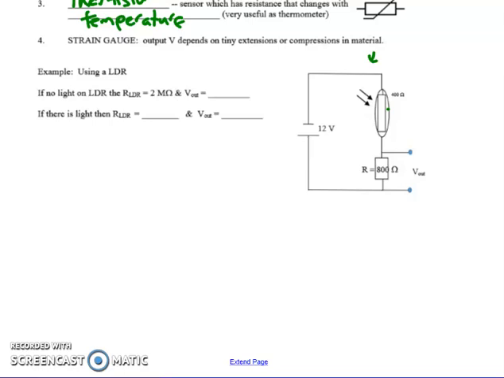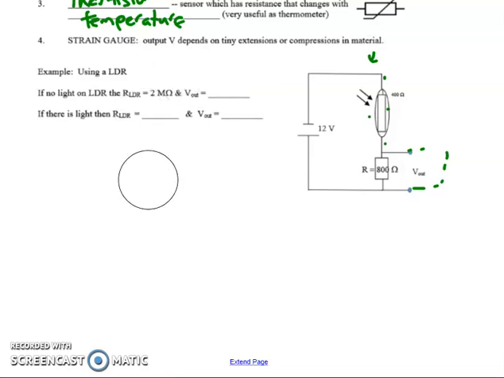If I have a high resistance across here and a very low resistance comparatively, 800 doesn't sound low, but it's low compared to 2 million, then the voltage across here is going to be almost the entire 12 volts, leaving 0 across our 800-ohm resistor. So nothing will happen in this hypothetical circuit. Make sure you understand why a super high R here gives you 0 voltage downstream, so to speak.